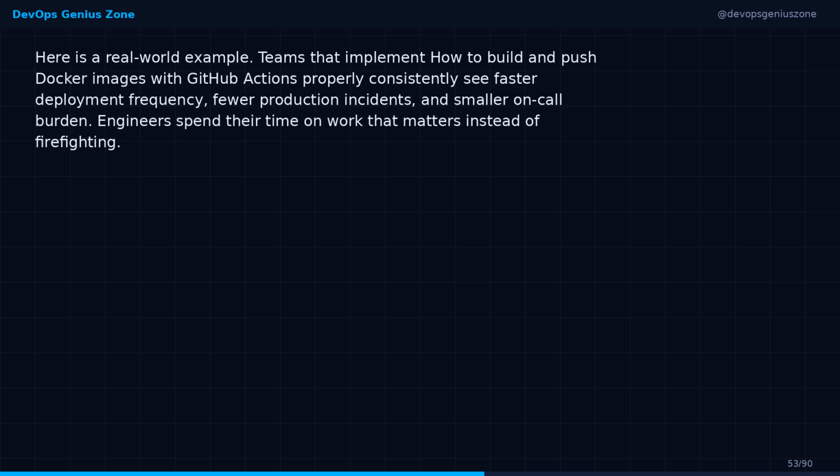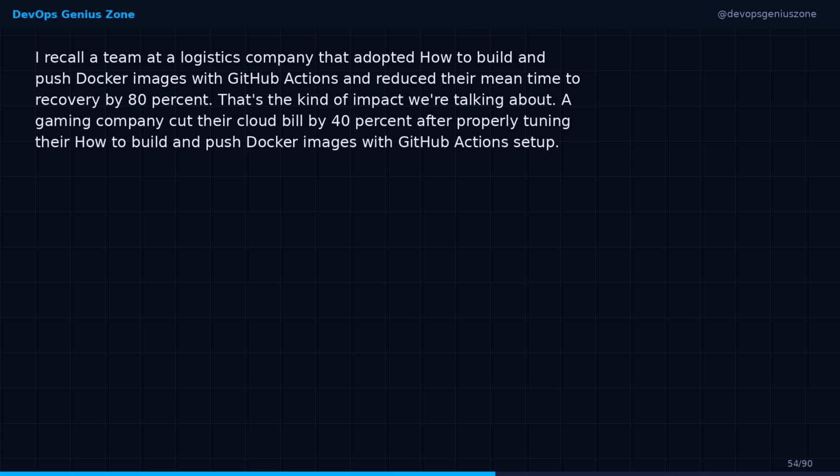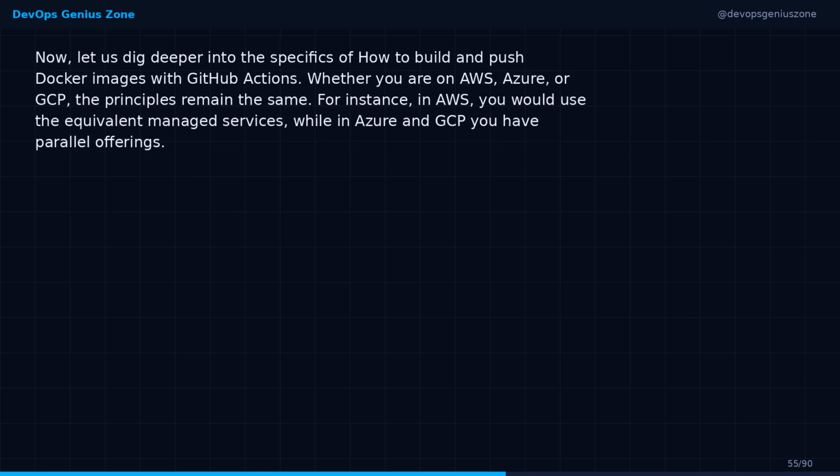Now, let us dig deeper into the specifics of how to build and push Docker images with GitHub Actions. Whether you are on AWS, Azure, or GCP, the principles remain the same. For instance, in AWS, you would use the equivalent managed services, while in Azure and GCP you have parallel offerings. But regardless of the cloud provider, how to build and push Docker images with GitHub Actions enables you to ship features faster, recover from failures in minutes, and scale your infrastructure dynamically.